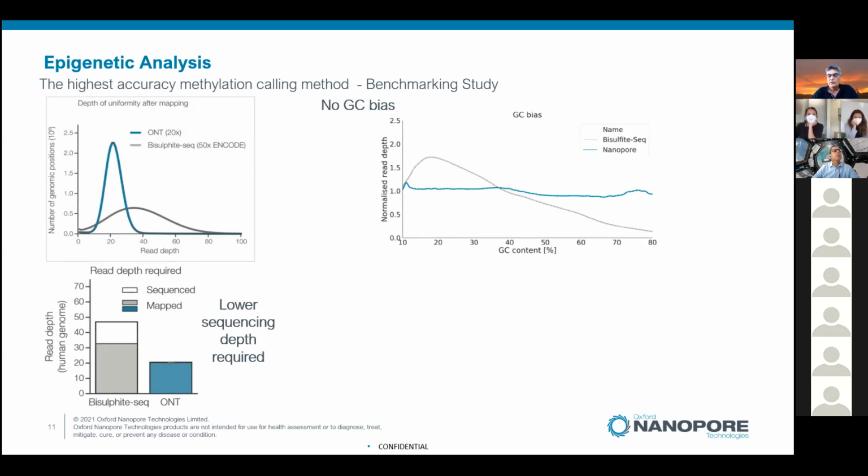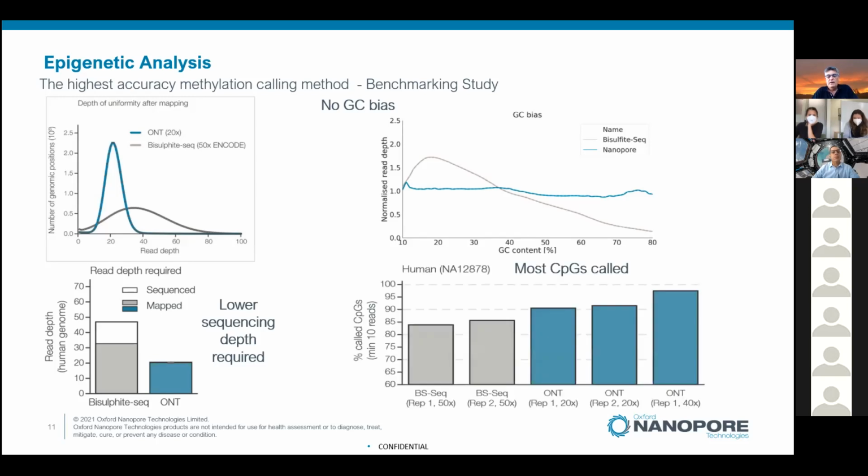Therefore, you need lower depth of sequencing to give the same analysis, to do the same mappability. So a lot more of the data set is mappable to the genome, and that means we can identify more CpGs in that sample. In this example, bisulfite sequencing identified 80 to 85% of known CpGs in that human genome sample.